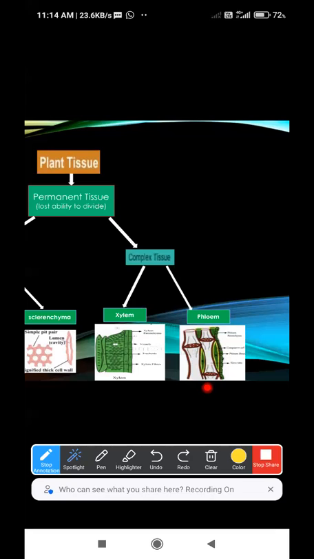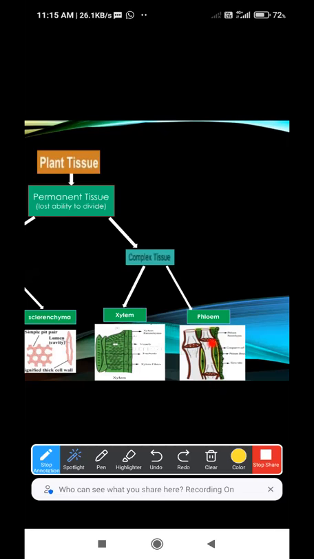It provides support and storage of food. Then phloem fibers. We know sclerenchyma, the function of sclerenchyma will do the same function, that is support the tissue and provide rigidity to the tissue.